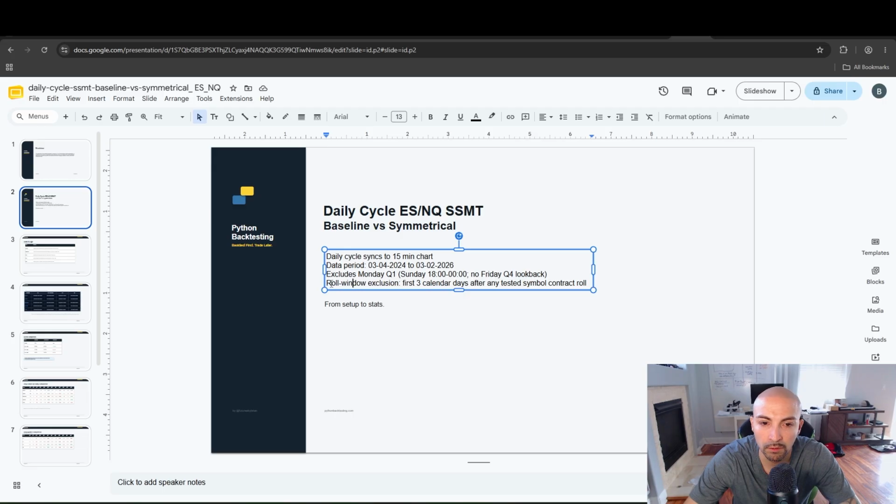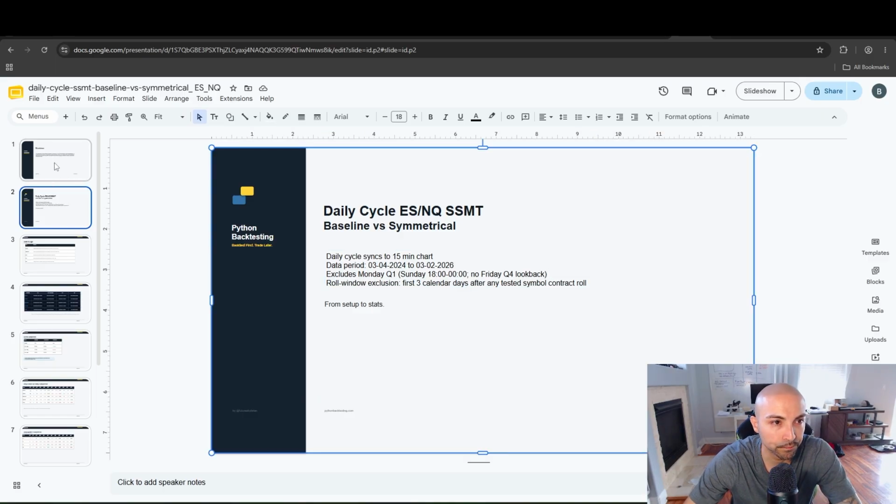Also, when contracts switch every 3 months or so and we have a new contract for futures, I'm excluding the first 3 calendar days, because the data that I have from Databento doesn't match the TradingView data for the ES contract, to the T. For some reason it switches at a different time, like 48 hours or something like that. So that's why I'm excluding the first 3 calendar days after the contract roll.